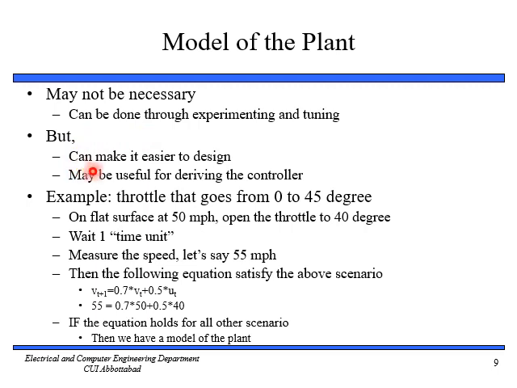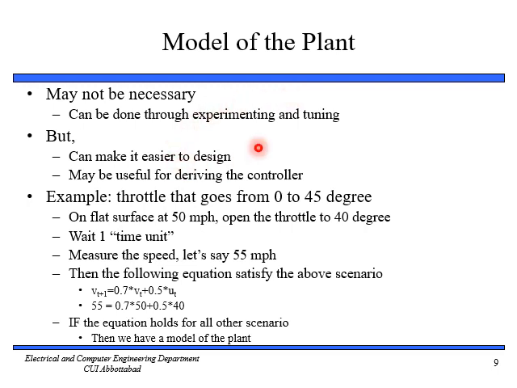First of all, we need to have the model of the plant. If we do not have the model of the plant, we can do experiments to find out how it reacts to the input. But if we have a model, it makes the design of the controller easier and may be useful for driving the controller.